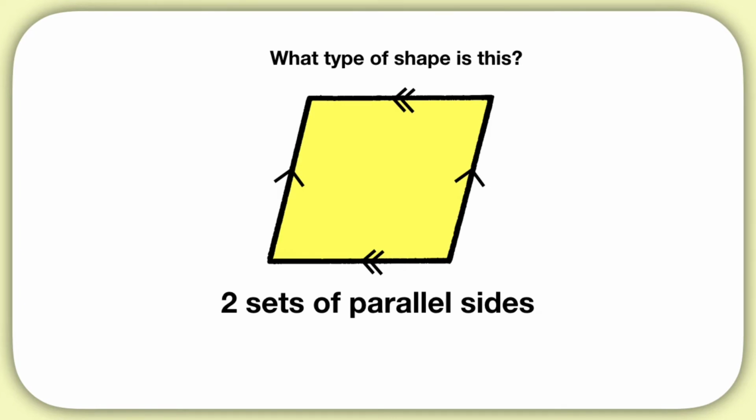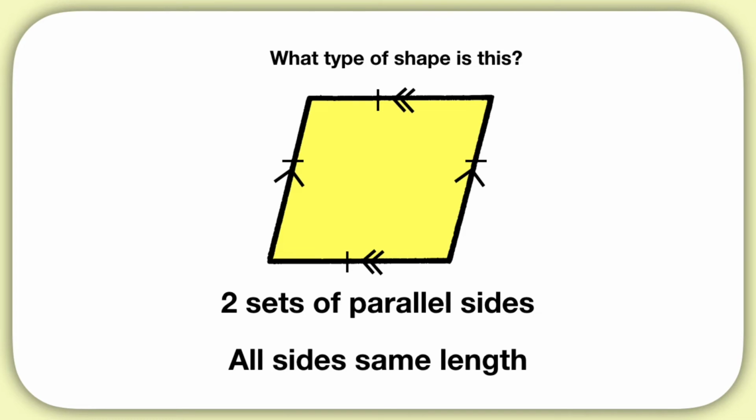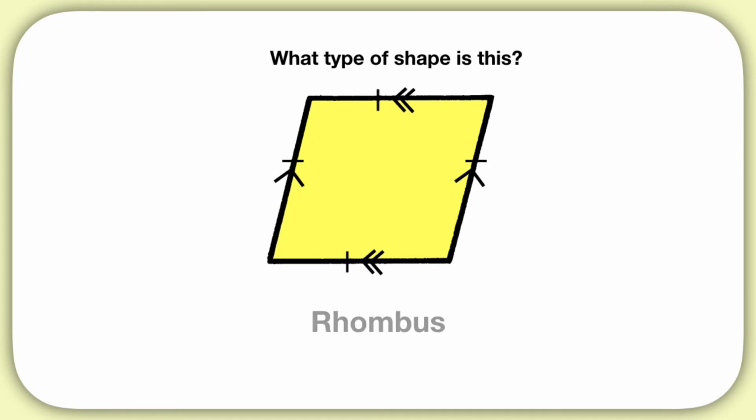What about the side lengths? Are they the same? Yes, all sides are of the same length. So, when you have 2 sets of parallel sides and all sides are of equal length, then we call it a rhombus. So, this is a rhombus.